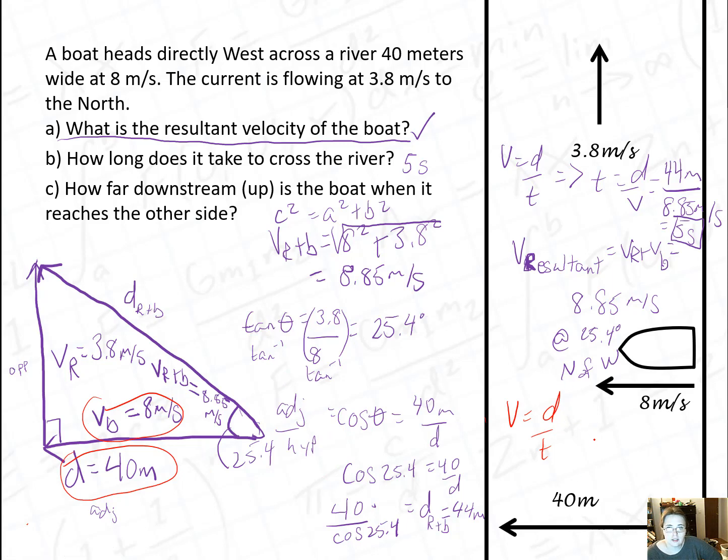So the time is still equal to distance divided by velocity. The distance this time is 40 meters divided by the velocity, which is 8 meters per second, and you get 5 seconds. So you can skip this middle part that I just showed you, but that's where you get that. That's another way to get the 5 seconds.